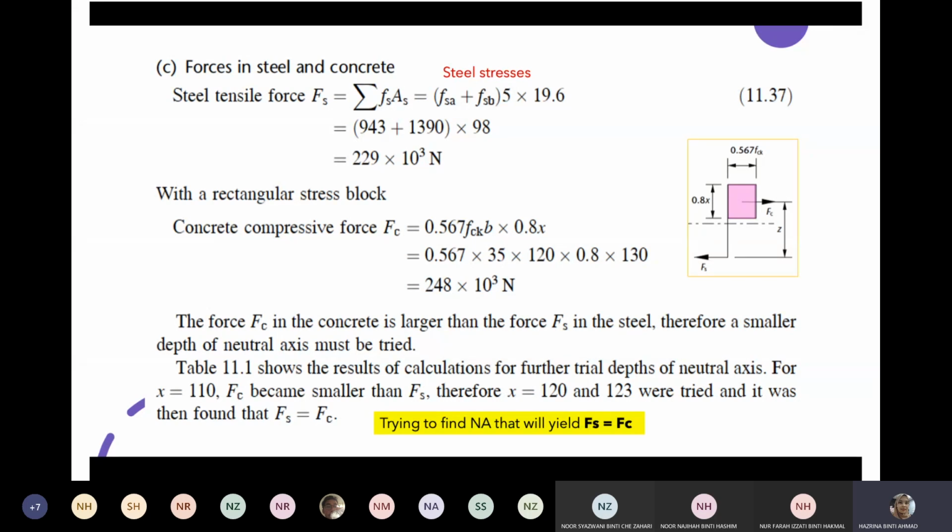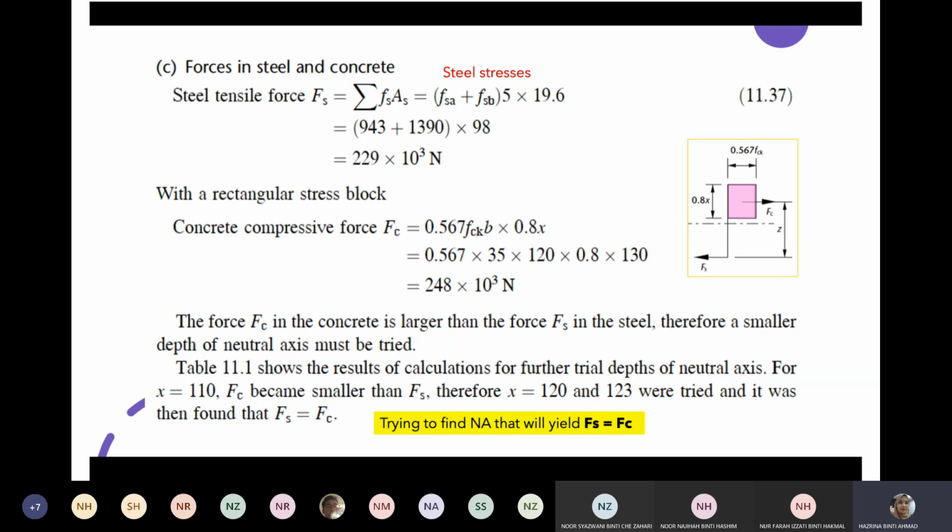For the steel tensile force, just now we have already calculated the stresses for the top and bottom layer of reinforcement. So we are going to multiply these with the area of reinforcement, which here is 5 times 19.6, right?